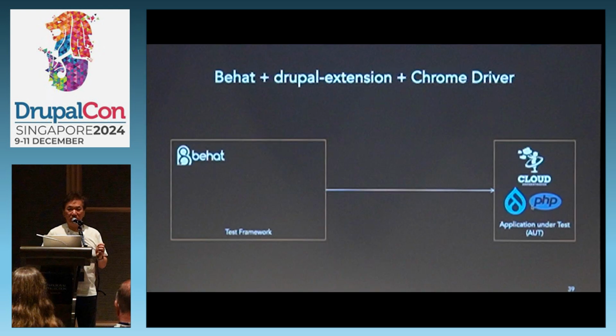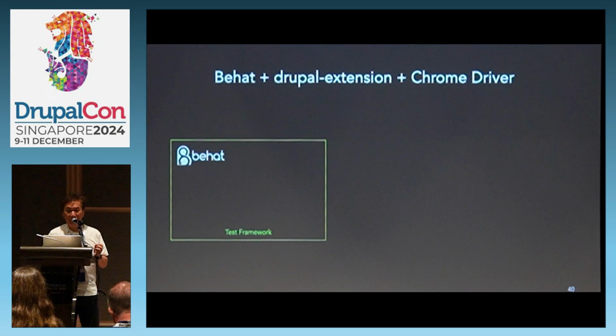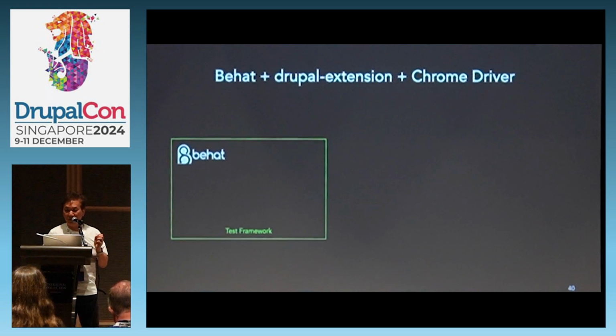So what's Behat? The short answer is that we can test our website with a virtual browser by using the Behat command. Here is the long answer in detail. Behat is the test suite framework for BDD, which consists of several components.